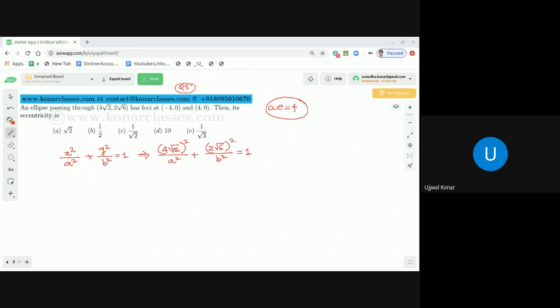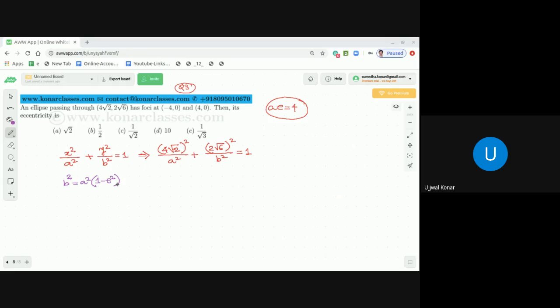If you recall, dear students, a, b, and e are tied up with a relationship as far as the ellipse is concerned. That relationship is b square is equal to a square into (1 minus e square).